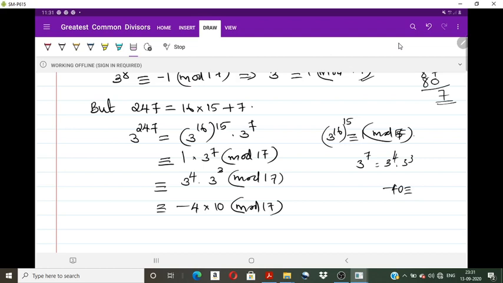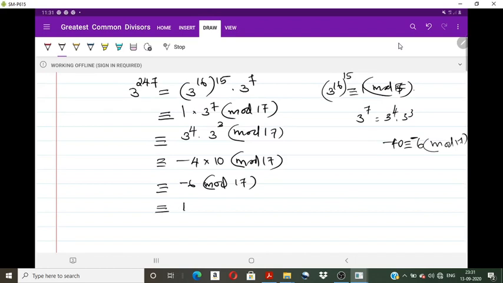So here we can write minus 40 is congruent to minus 6 modulo 17, or 11 modulo 17.